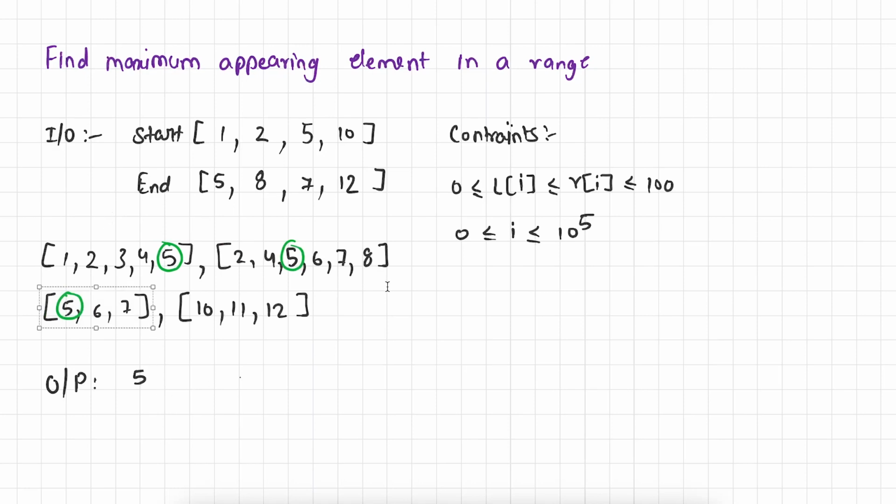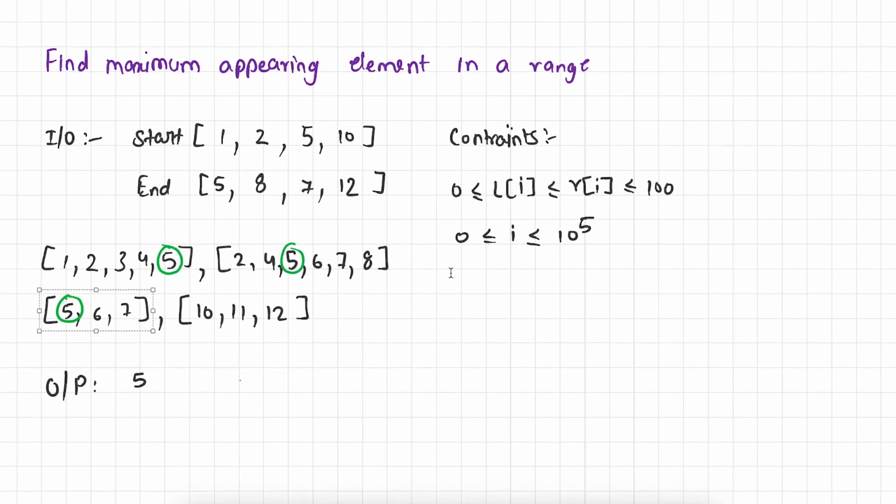Now here I would like to mention a few constraints. The number one constraint is that the value of range, that is L[i] and R[i], is always going to be between 0 and 100. This means our range is always going to be short; we are never going to get a range that is larger.